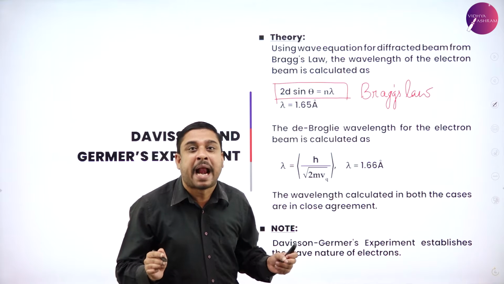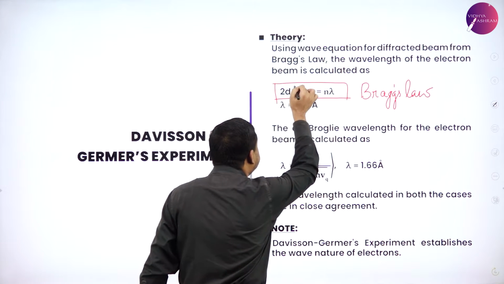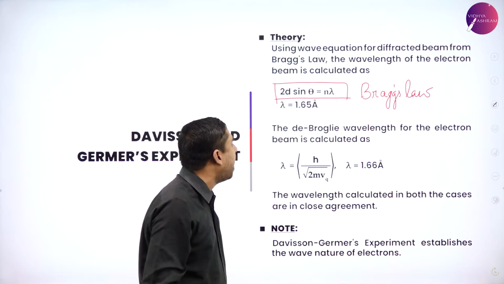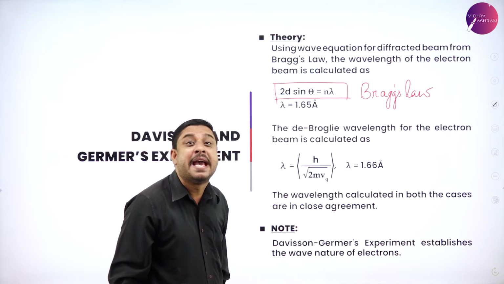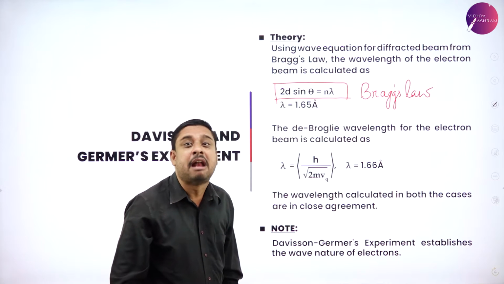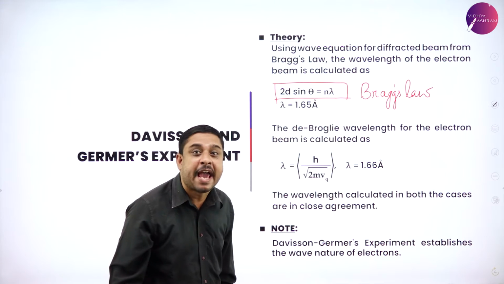And what does Bragg's law say? 2d sin theta equals n lambda. d is called the spacing element, theta the glancing angle, lambda the wavelength.